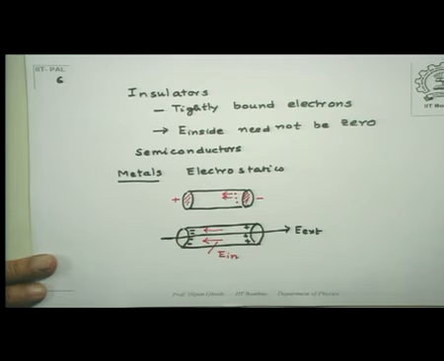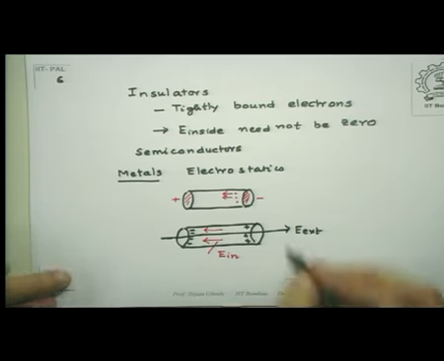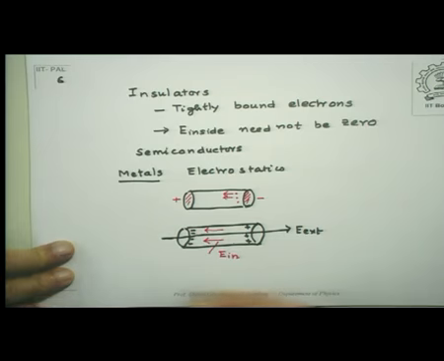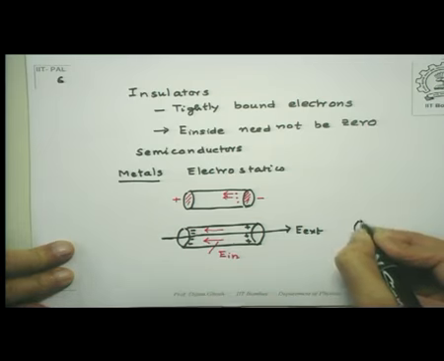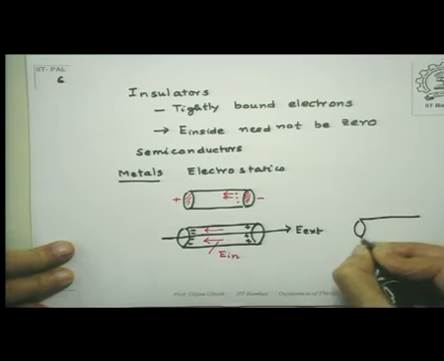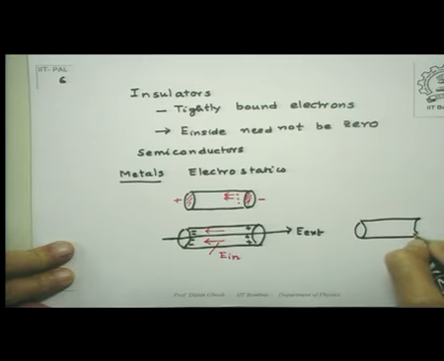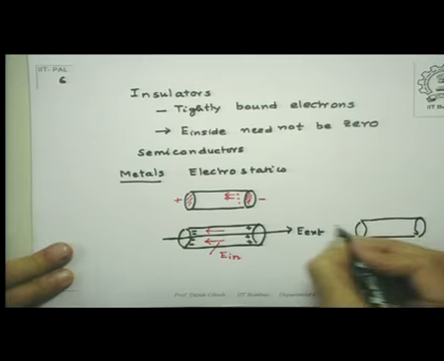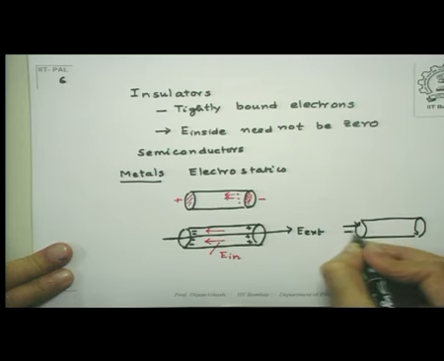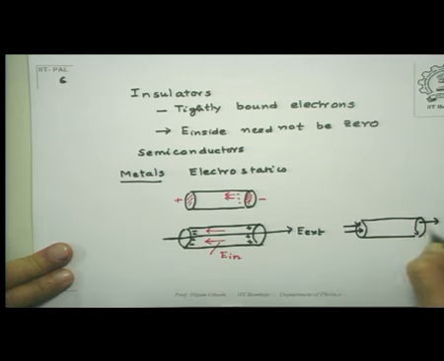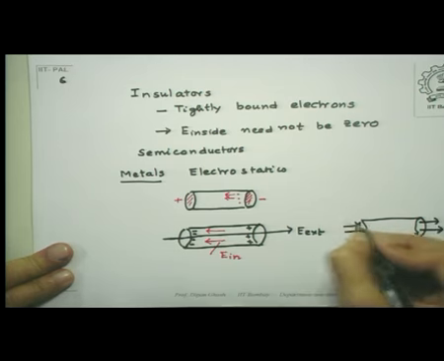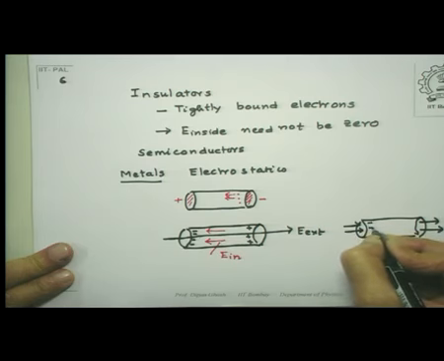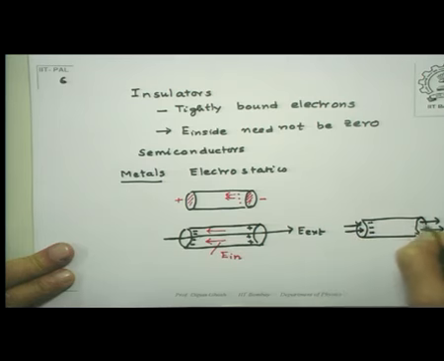Now this is precisely what happens, and as a result the picture that emerges is like this: a conductor in an external electric field, the field lines are like this, no field inside, so I have negative charges here and positive charges there. This is my E external.